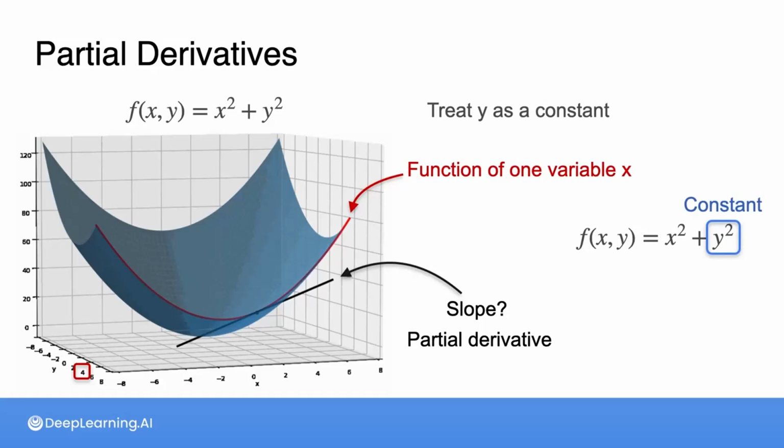So when you take the derivative with respect to x, which we're going to call ∂f over ∂x, where ∂ is this symbol over here, the partial derivative, then it's going to be 2x, which is the derivative of x squared with respect to x, plus 0, because 0 is the derivative of a constant. Remember that y squared is now a constant, so its derivative with respect to x is 0. So therefore, the slope of this line over here is 2x.